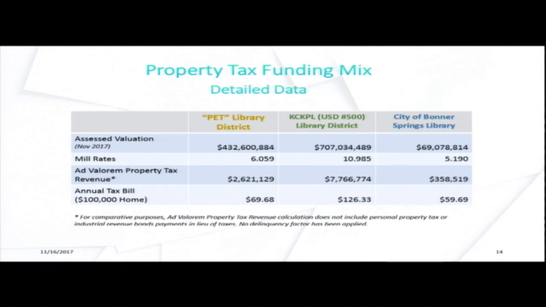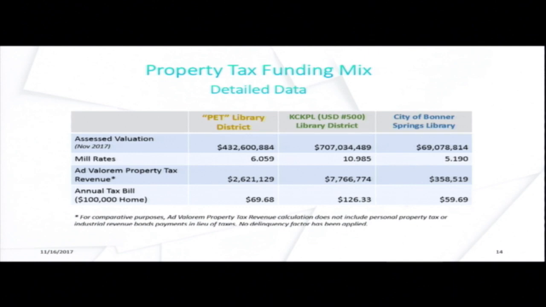So the Pet District Library Board generates roughly $2.6 million, or that's what we are planning for 2018. The library district governed by the USD 500 generates $7.7 million, and the Bonner Springs Library property tax mill rate generates an estimated $358 million.